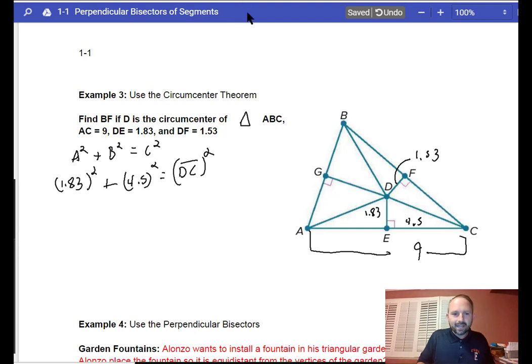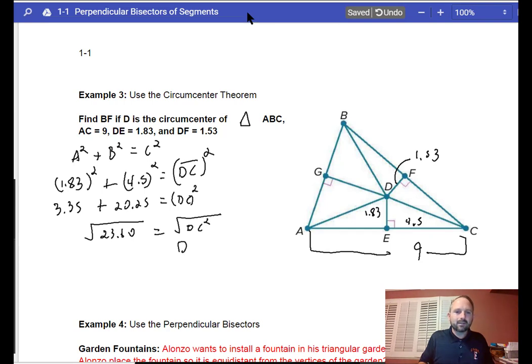So if I actually solve this, I get like 3.35 plus 20.25 is equal to DC squared. Now, if I actually get it, I'm going to get 23.6, and then I'm going to find the square root of that to cancel out the squaring right here. So I'd get DC is equal to plus or minus 4.86, because it could be both positive or negative.